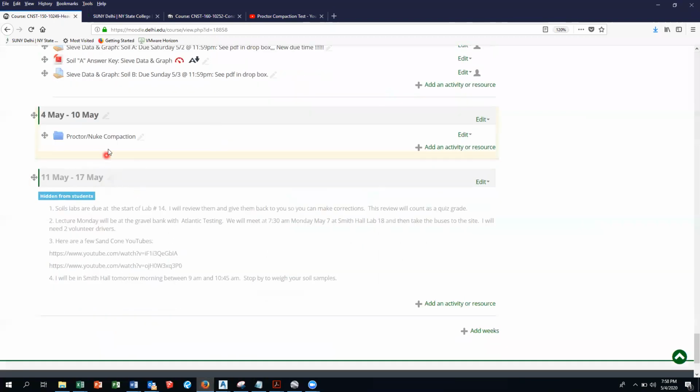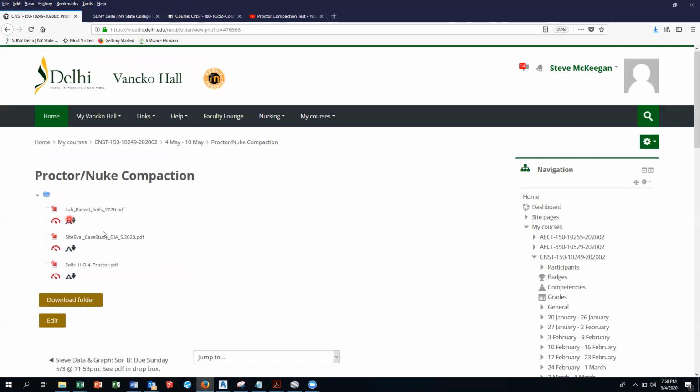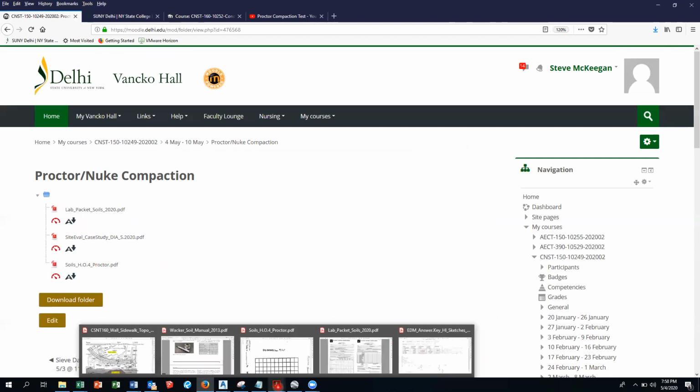Proctor Nuke compaction, this week, 4th of May to the 10th of May: the lab packet soils, the Denver case study, which we will cover extensively Thursday night, and the soils handout number 4 for the proctor. So I've got two out of these three. I've got this one and this one up on PDF. So let's take a look at it.